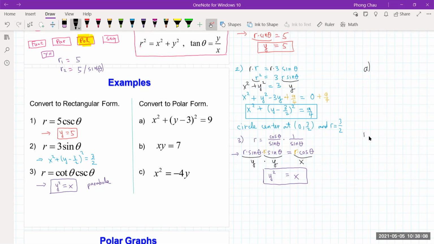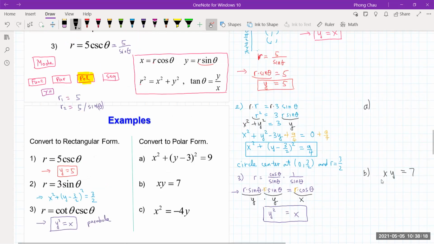B here, right? Because you have x times y equals 7. Since I convert to r and theta, I just replace x with r cosine theta, and then the y is r sine theta.